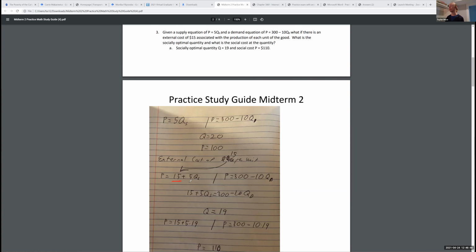So for negative externality, you always see a plus because it's basically like a tax. You can kind of think of it as like a tax. So if it were to say positive externality, it would be a minus? So if it was a positive externality, they would have to word the question in a very specific way.